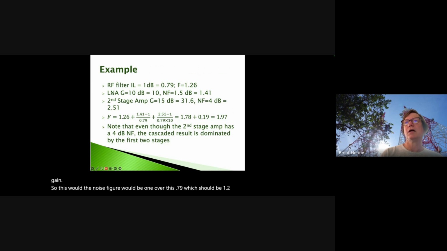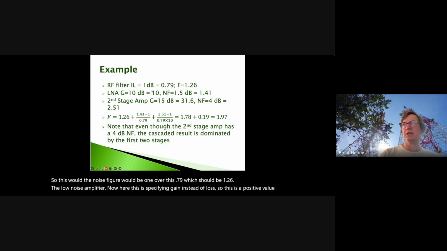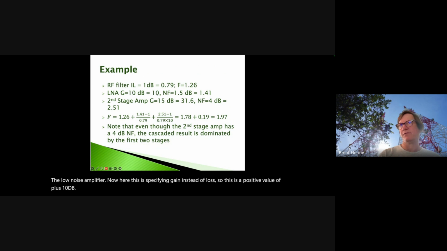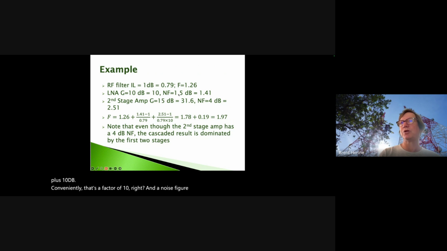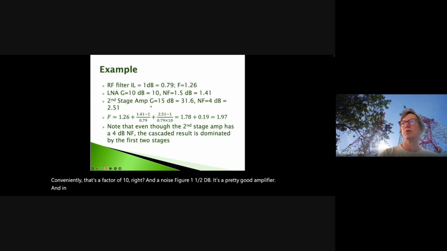The low noise amplifier, now here, this is specifying gain instead of loss. So this is a positive value of plus 10 dB. Conveniently, that's a factor of 10, right? And a noise figure of 1.5 dB, it's a pretty good amplifier. And in linear units, that would be 1.41.